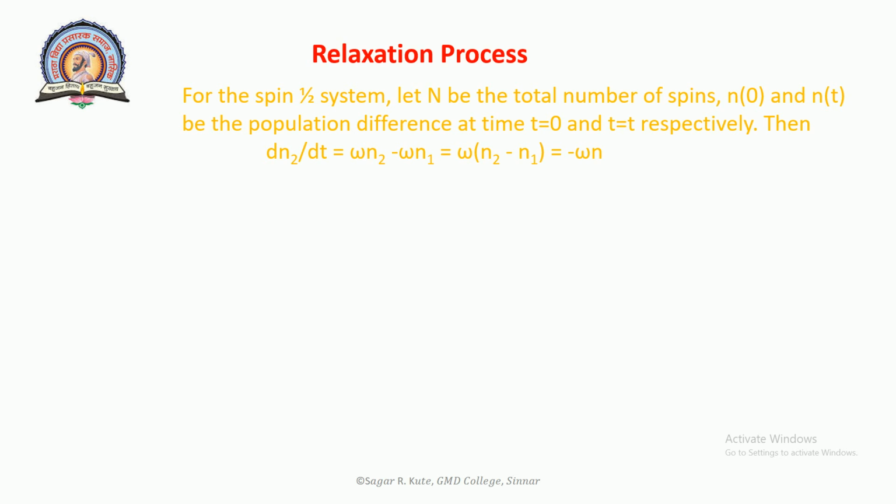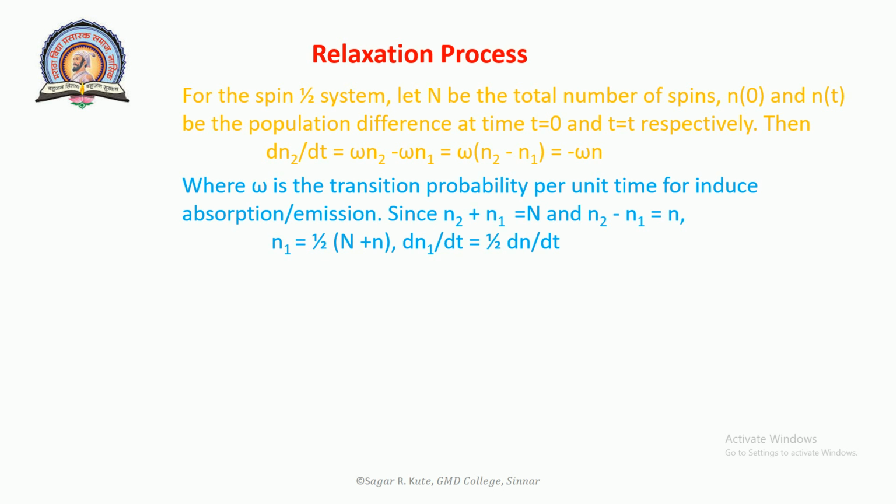For a spin 1/2 system, let N be the total number of spins, and n0 and nt be the population differences at t equal to 0 and t equal to t respectively. Then dn1/dt equals omega n2 minus omega n1, which equals omega (n2 minus n1), which equals minus omega n, where omega is the transition probability per unit time for induced absorption or emission.